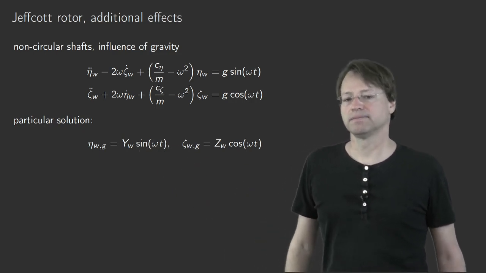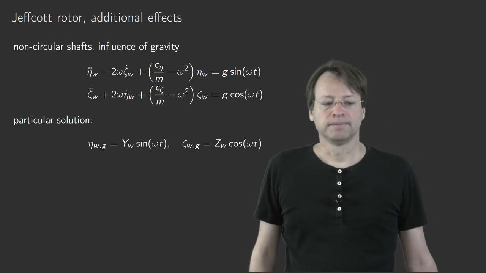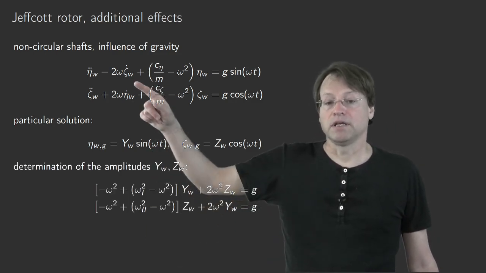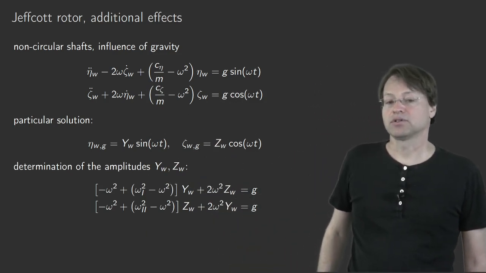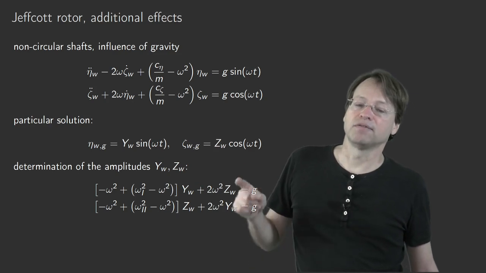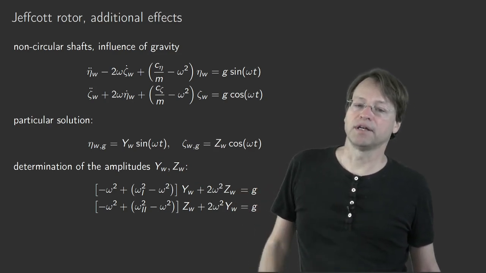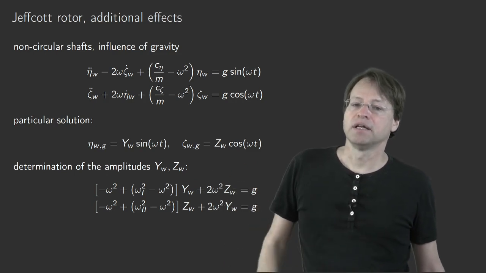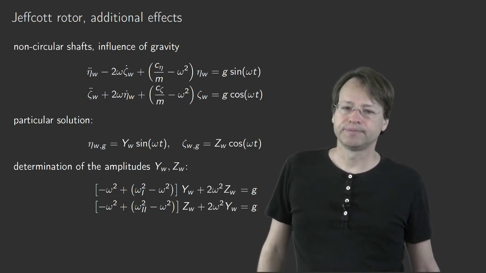Okay, so all these terms included into the equations of motion and all the derivations being done, we arrive at the following two algebraic equations that govern capital Y and capital Z. Let's check them once again.